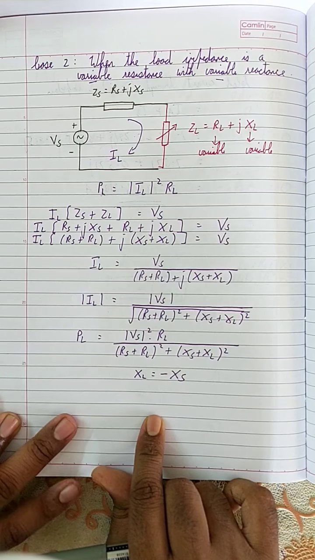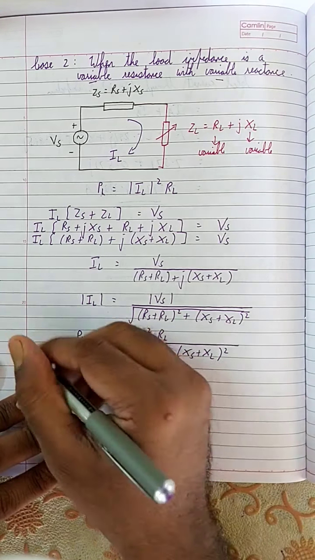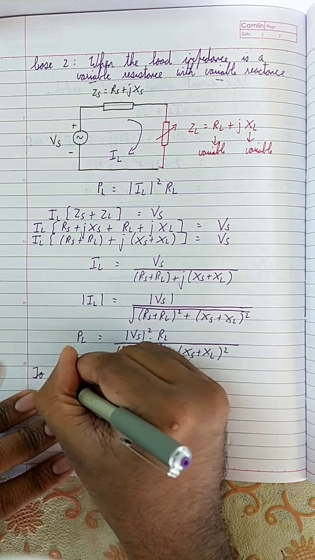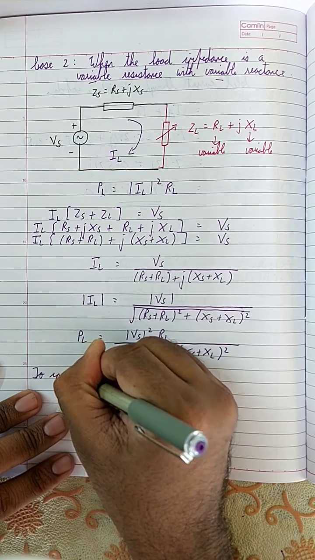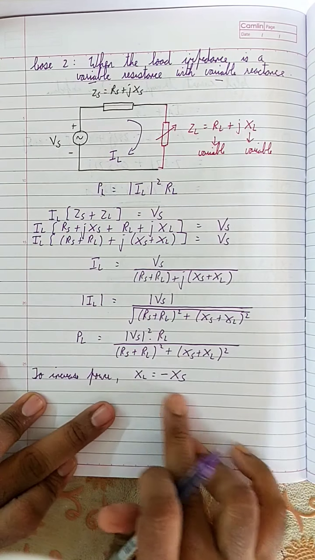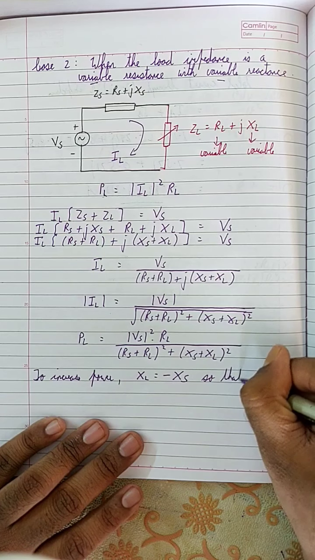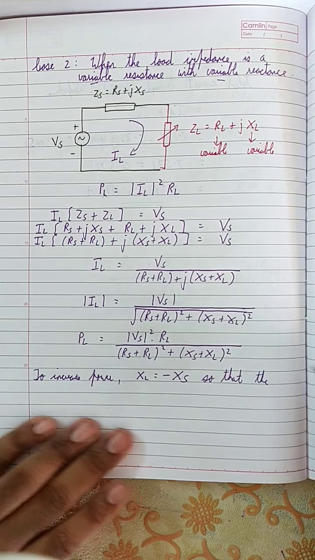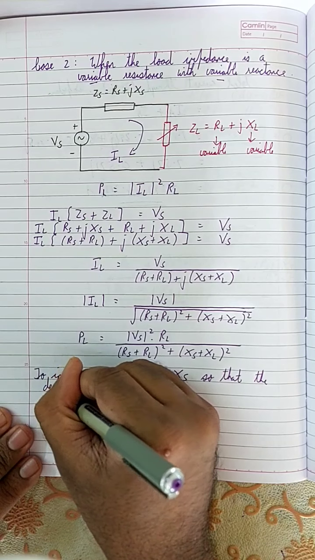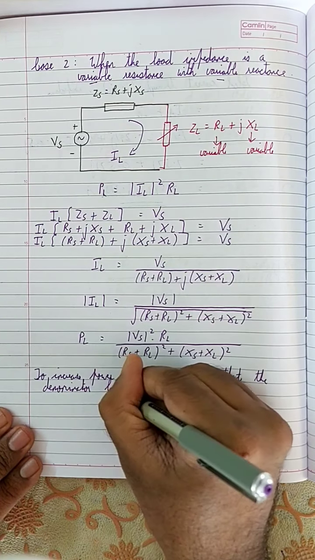So this is what I'm going to do. That is, to increase power, XL is equal to minus XS, so that the denominator becomes smaller.